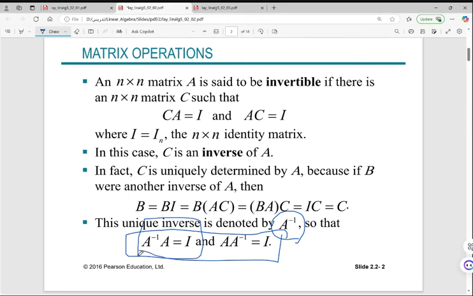A minus 1 times A gives the identity matrix, and A times A minus 1 gives the identity matrix, right?